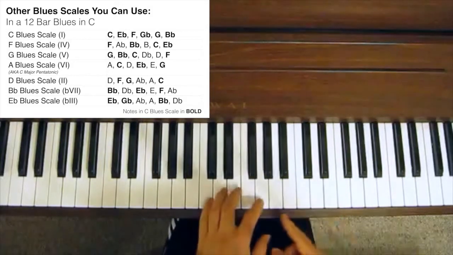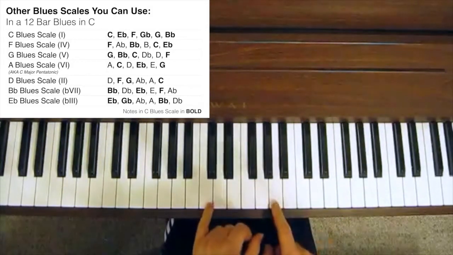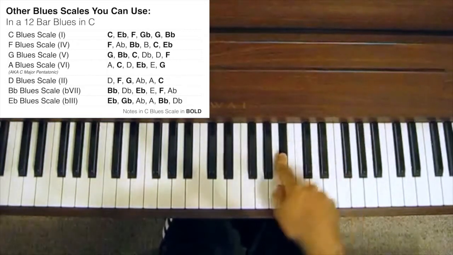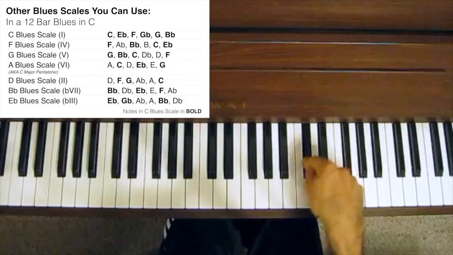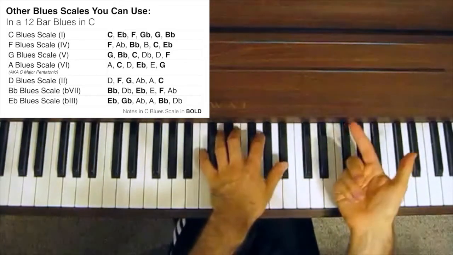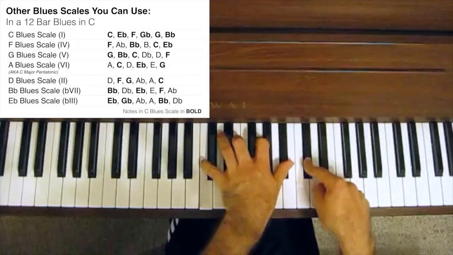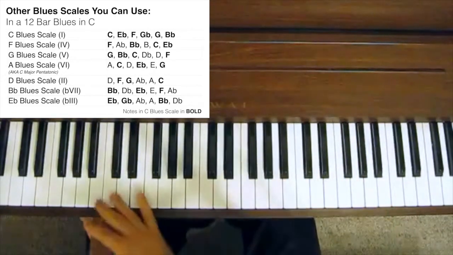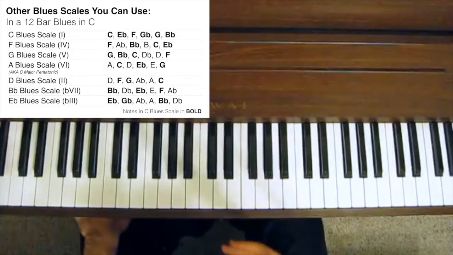The A is not in the blues scale, but that's a major 6th from the point of view of the C. The B flat is in the blues scale, and the D flat is not, but from the point of view of the C, that's the flat 9. So all of those notes, in theory, work over a C blues chord progression as well.